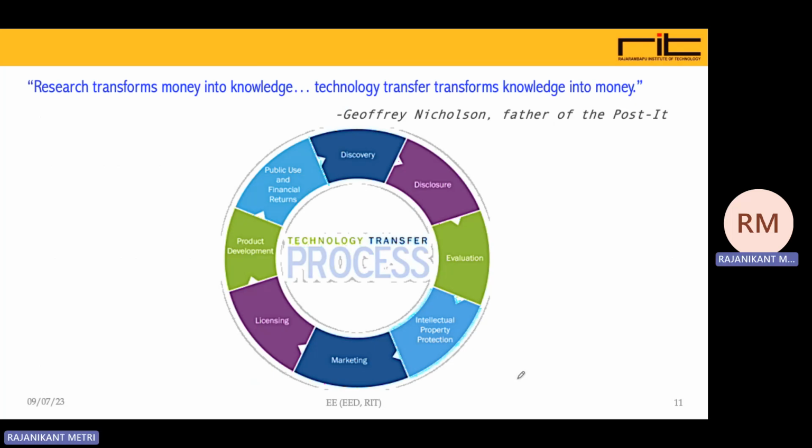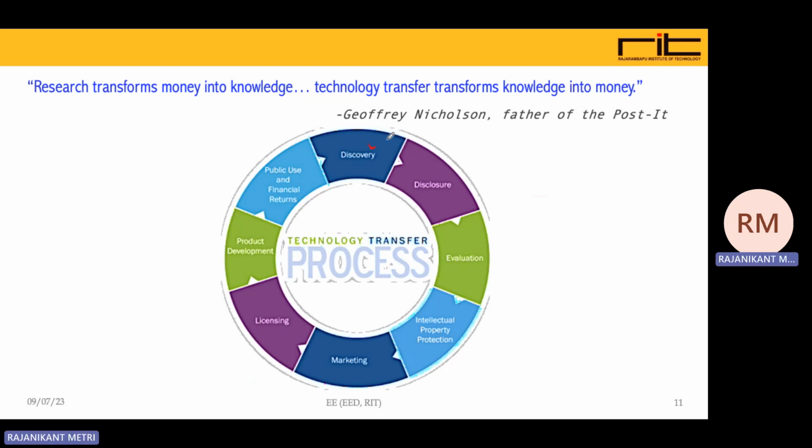So there is a statement by Geoffrey Nicholson, the father of the Post-it. What he says is, research transforms money into knowledge, whereas technology transfer transforms knowledge into money. And in general, this technology transfer process is given in a nutshell in this picture.